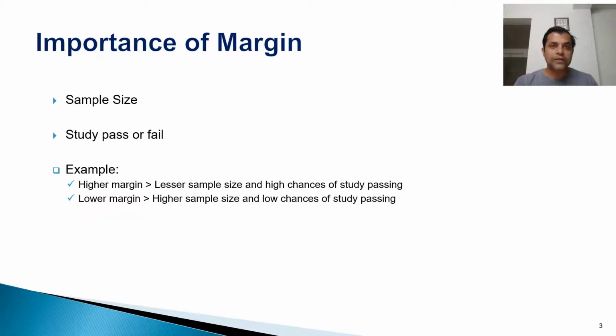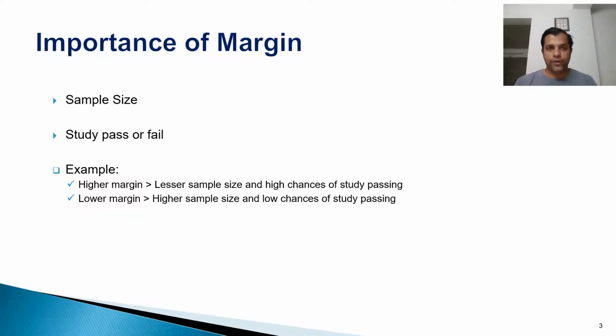Now for this margin, there are two ways. Either we take margin which is already given by some regulatory agency so that whenever we use it, it is acceptable to them. Or in other scenario, the margin is calculated. Most commonly, there are very few instances where the regulatory agency upfront gives the margin.